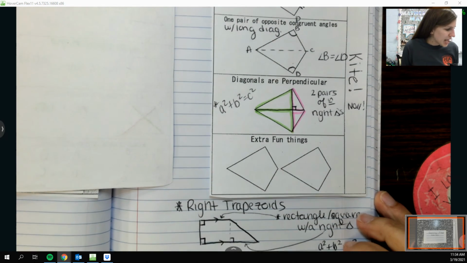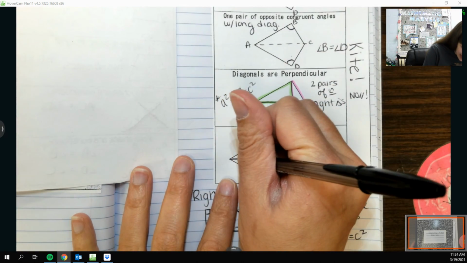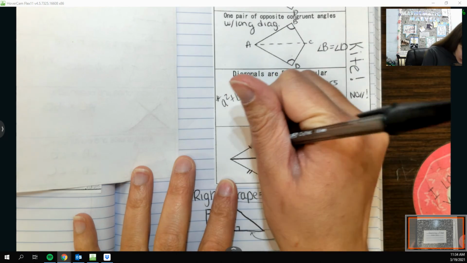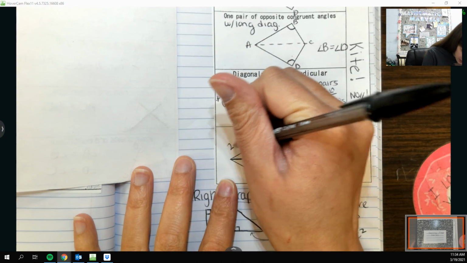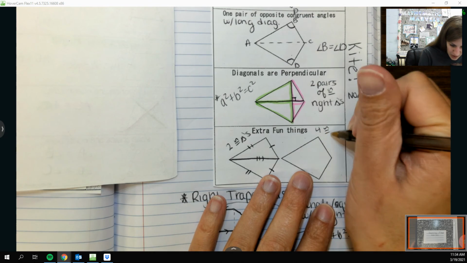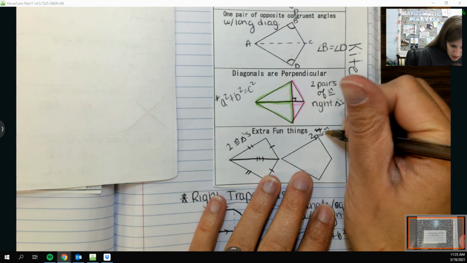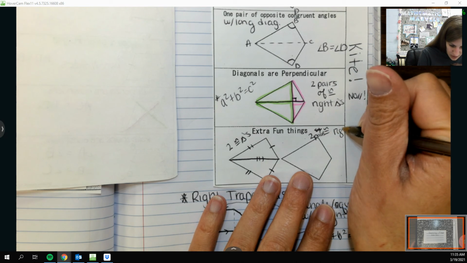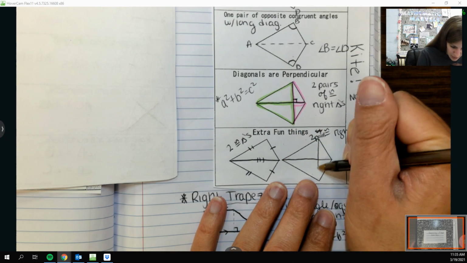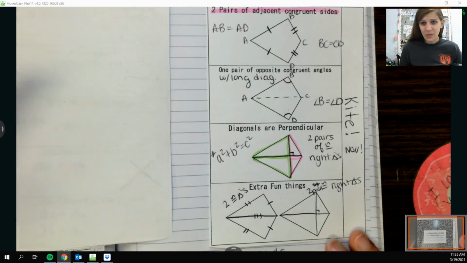The extra fun things I can think of off the top of my head are getting your two congruent triangles by side, side, side, or two pairs of congruent right triangles like we did up here. So these are all the different properties that we can use.